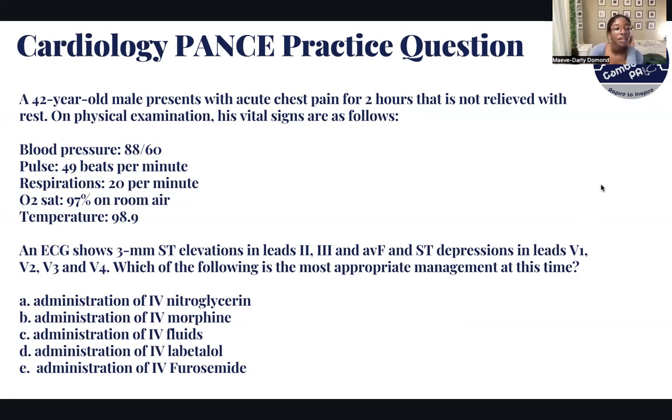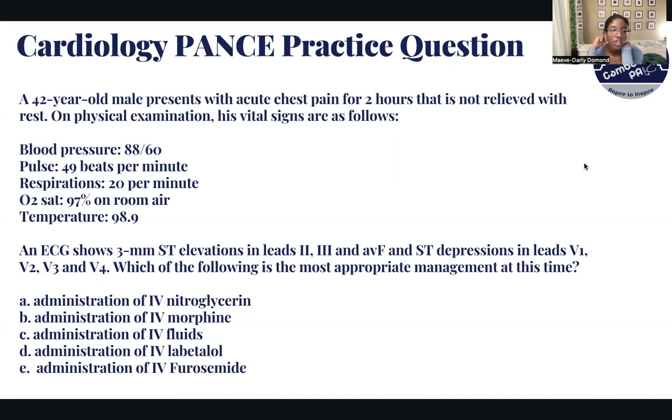I can read it. A 42-year-old male presents with acute chest pain for 2 hours that is not relieved with rest. On physical examination, his vital signs are as follows: blood pressure 88/60, pulse 49 beats per minute, respirations 20 per minute, O2 saturation 97% on room air, temperature 98.5 degrees Fahrenheit.